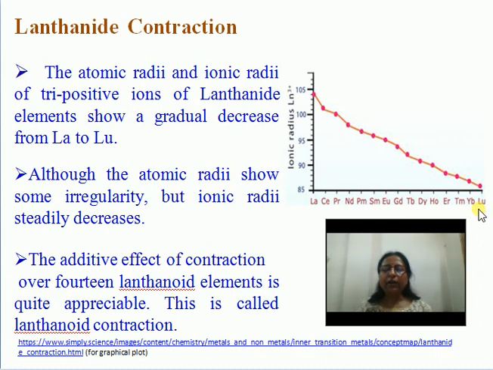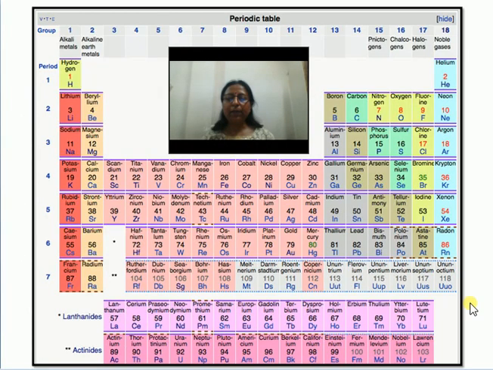This decrease is not very regular in case of atomic radii, but for ionic radii this is a very steady decrease, and this is all happening because of the filling up of the f electrons in the lanthanoid series. Here is the periodic table, and you know very well the position of the lanthanides in it.